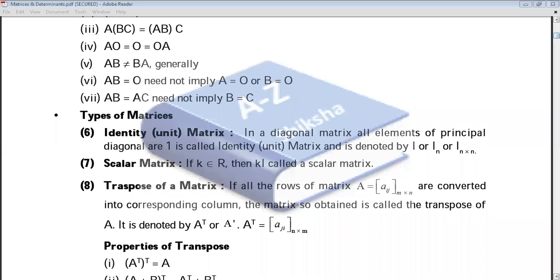Distinguish between square matrix, comma, diagonal matrix, comma, scalar matrix, and identity matrix.